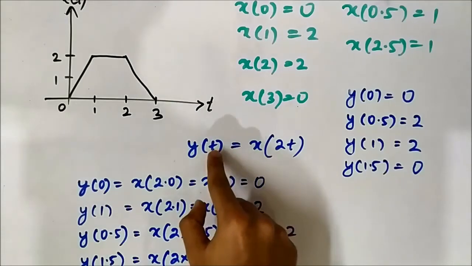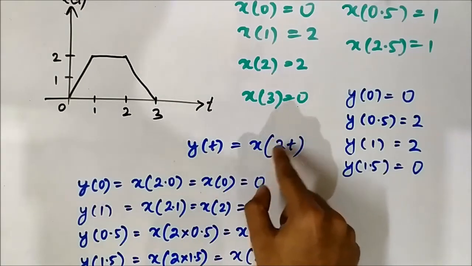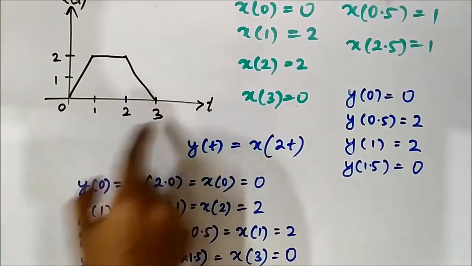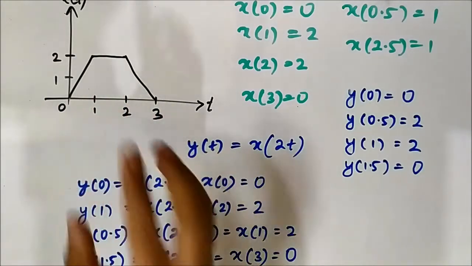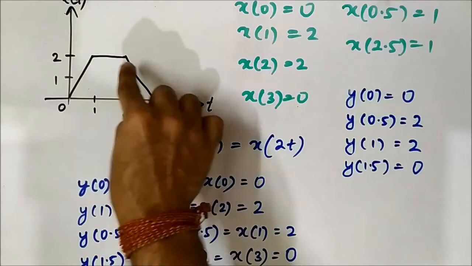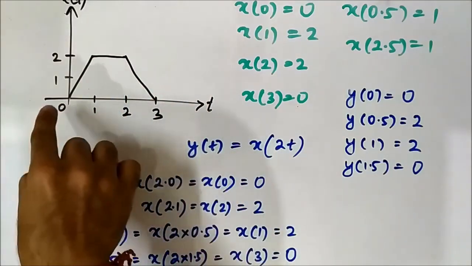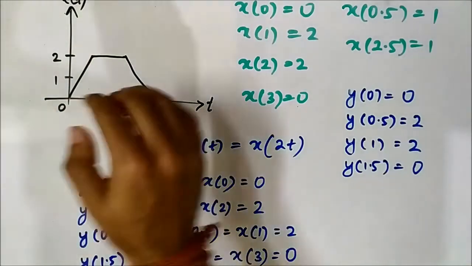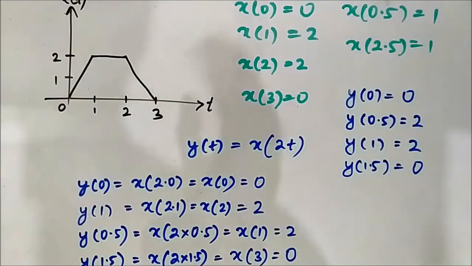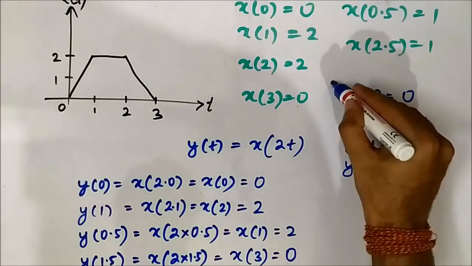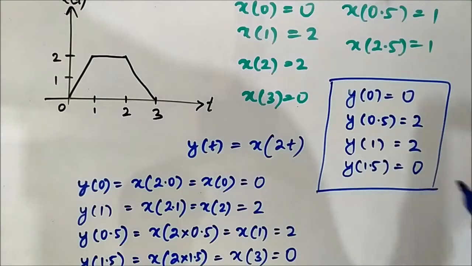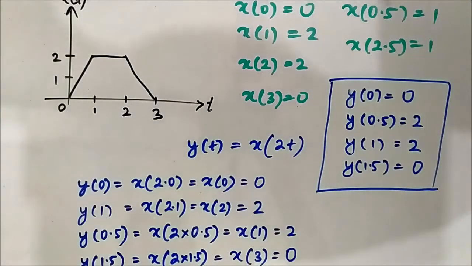Any value between 0 and 3 will be okay, because the signal exists between 0 and 3. It does not exist to the left or to the right. Okay, so we have got these values and we have to construct the time scaled signal using these values.